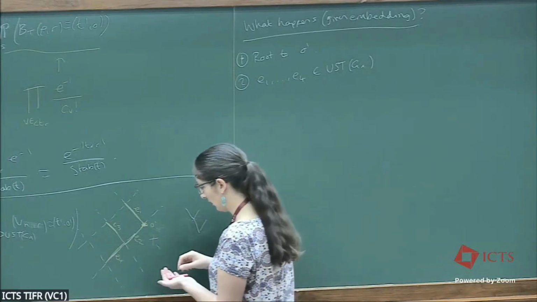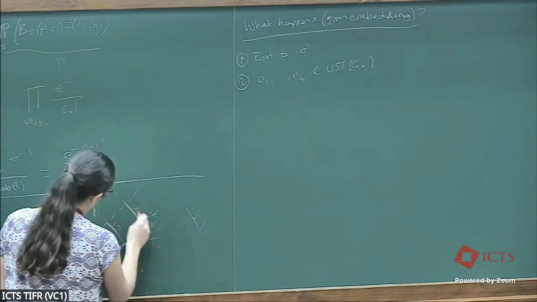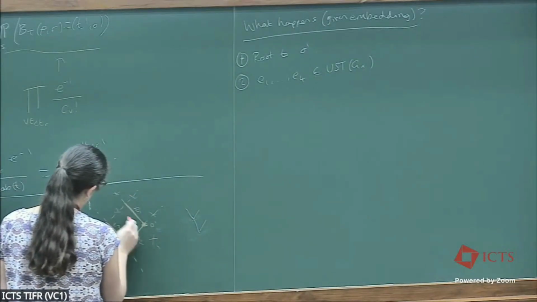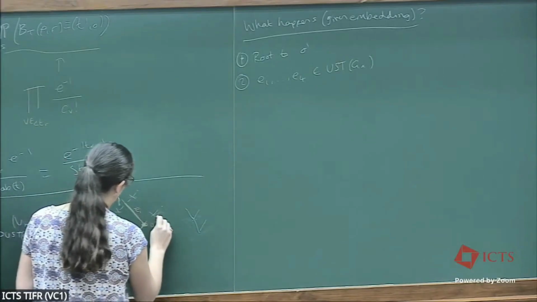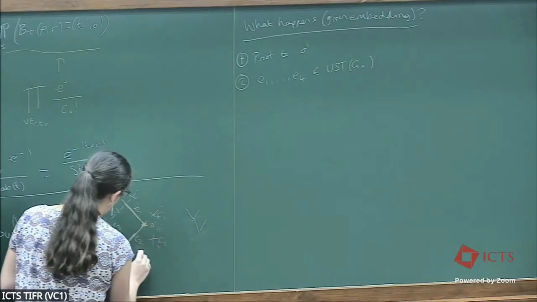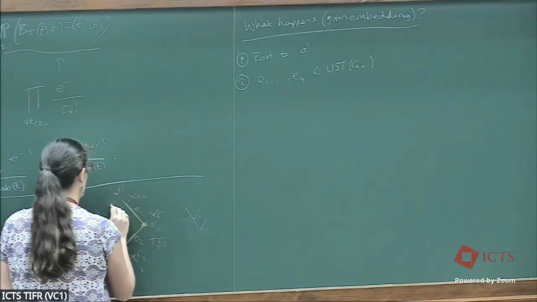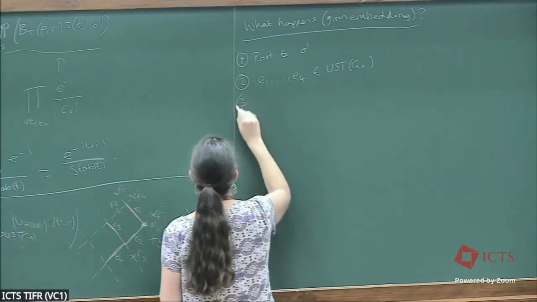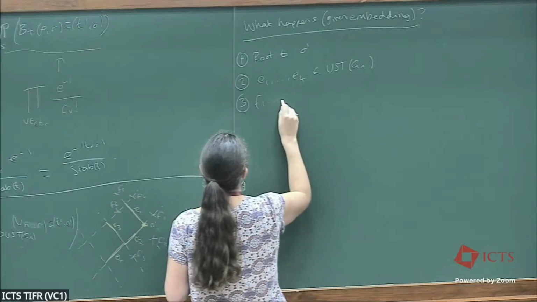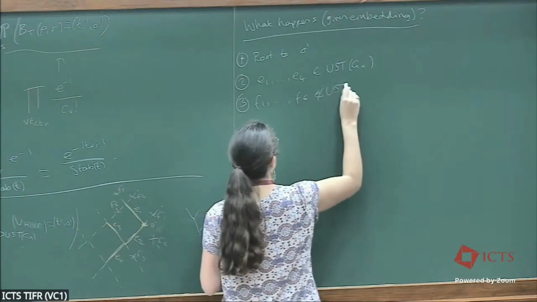Okay, and so I can label these edges. So we have, let's see, this is generation 1. So we have F1, F2, F3, F4, F5, F6. So I also need that F1 up to F6 are not in the uniform spanning tree.